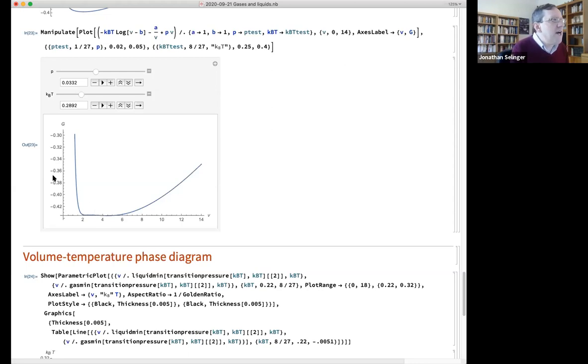I'm going to switch now from Mathematica to my iPad to show you how to do that. Let's see here. Okay, so share iPad. Whoops, did it work?